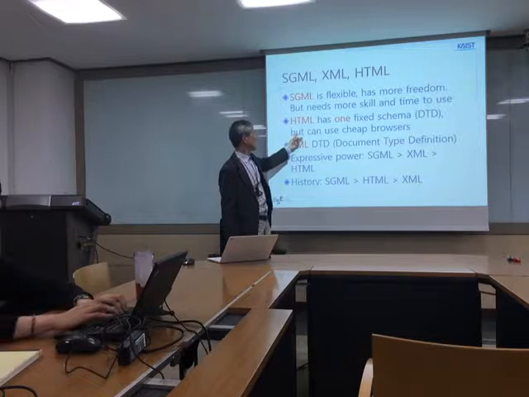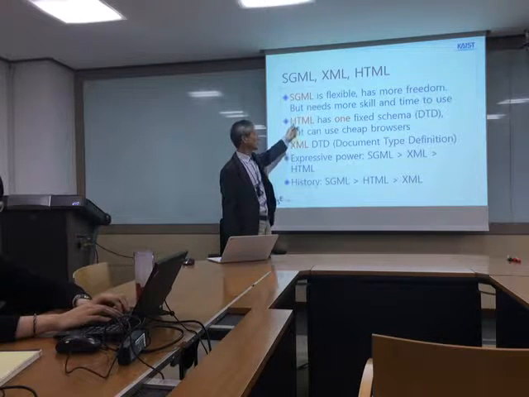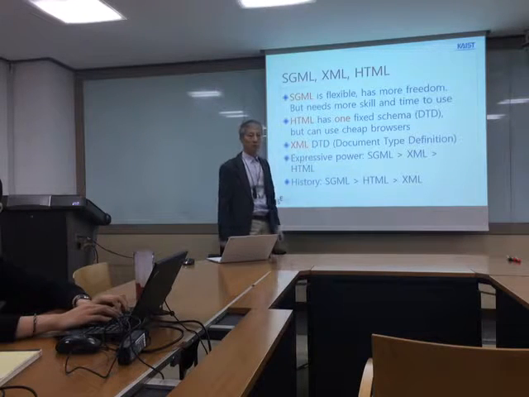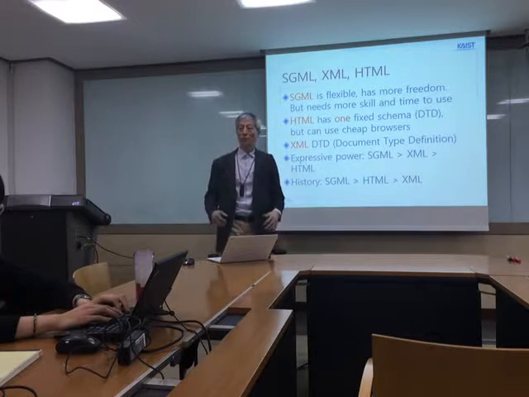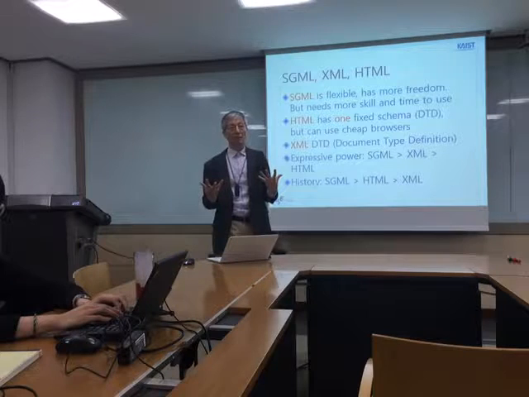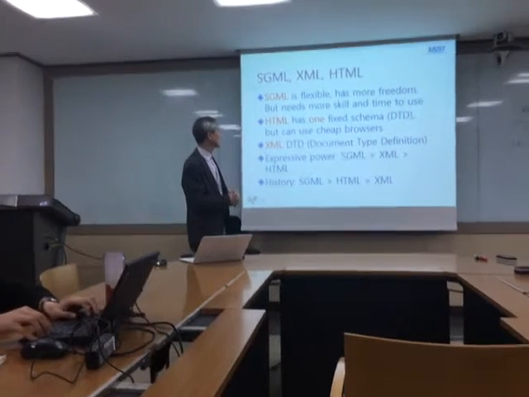But it was very nice. It was very popular because of this simplicity, so there have been many cheap browsers. Web browsers became popular because ordinary people started to use HTML for developing their home pages. It was a very big success.